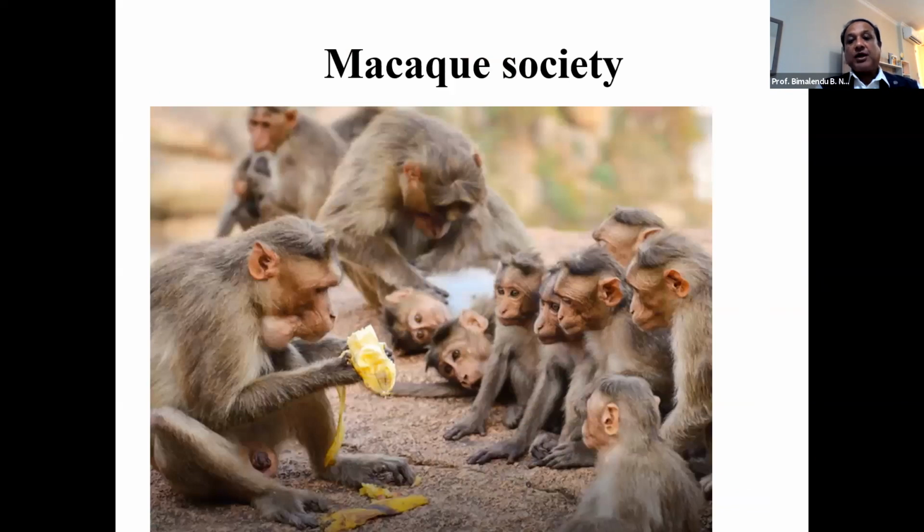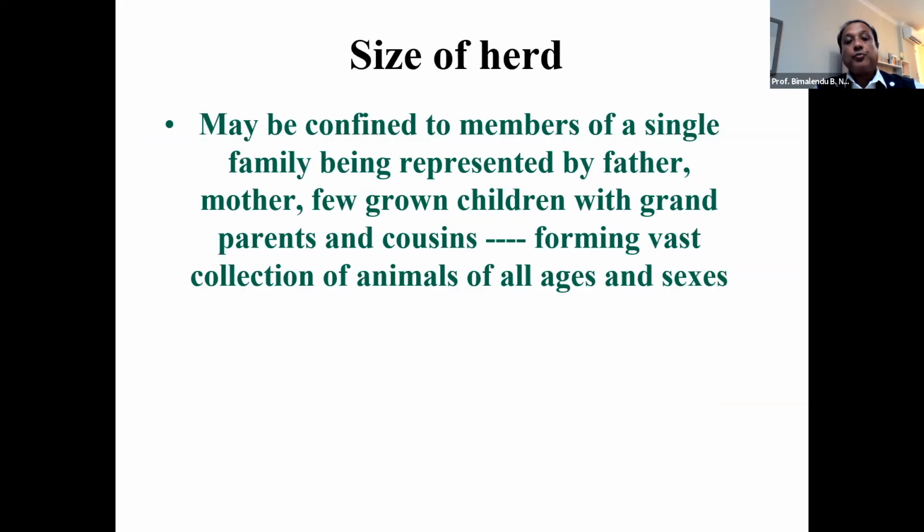You can see a picture like the macaque society. You can see that the young ones are basically learning from the elders, the senior members of the community. So this is one example of how the relationship among the members of different age groups also matters for the sustenance of the group.